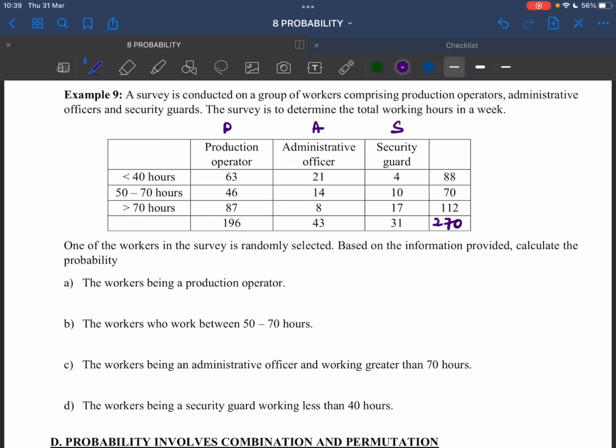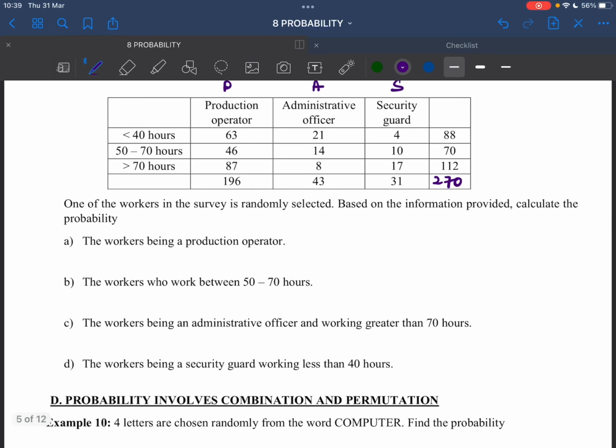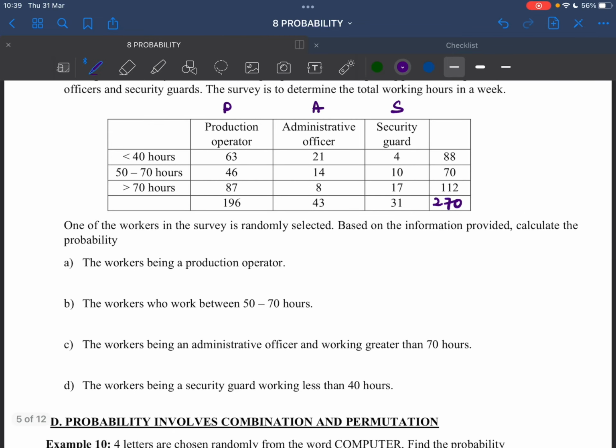The question asks us, one of the workers in the survey is randomly selected based on the information provided. Calculate the probability of the worker being a production operator. Okay, that means what we want here is P.